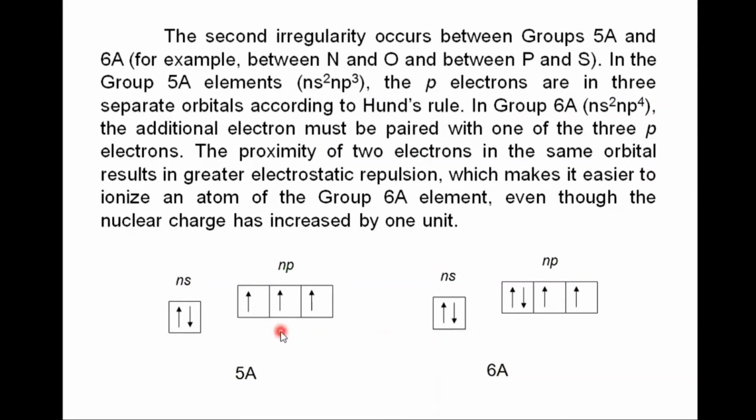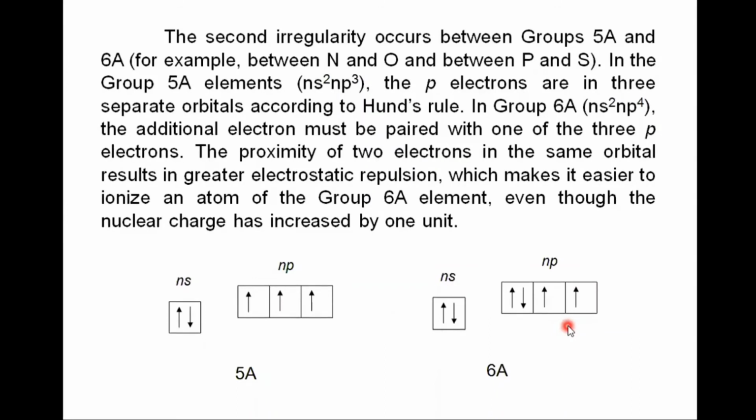P is half filled in case of nitrogen or the N family, 5A group, while it is p4 configuration in the 6A family or oxygen family. So p4 is partially filled, so it is less stable as compared to 5A group elements that have half filled electronic configuration that is stable.